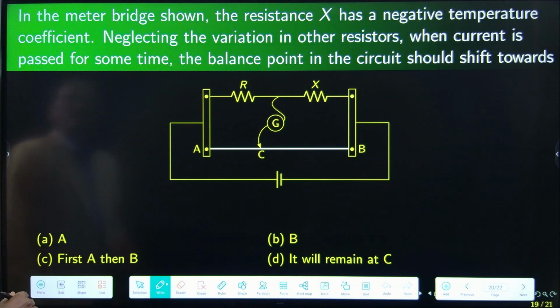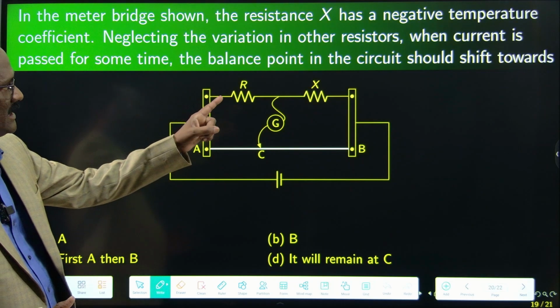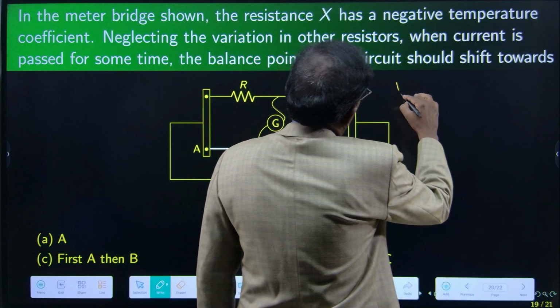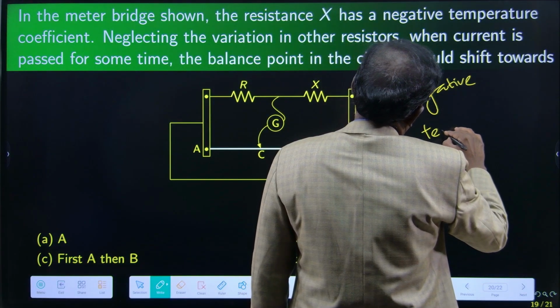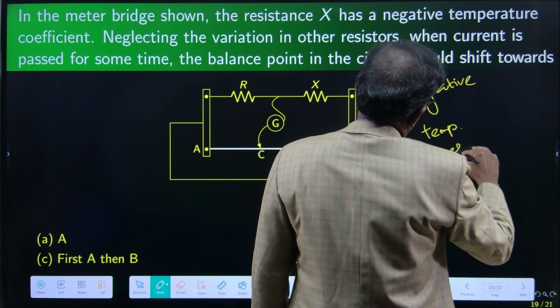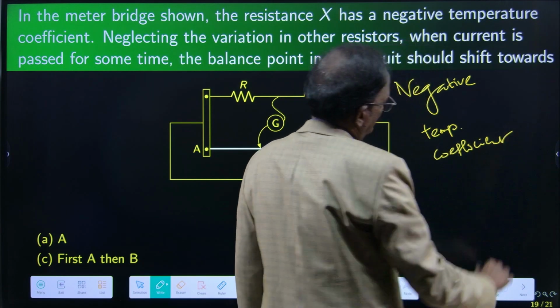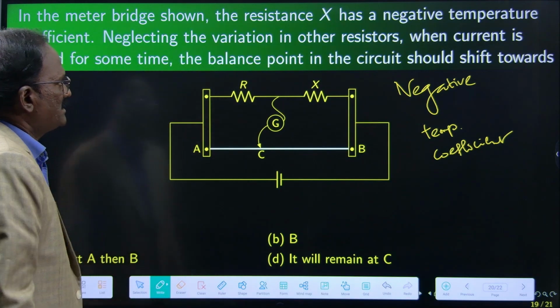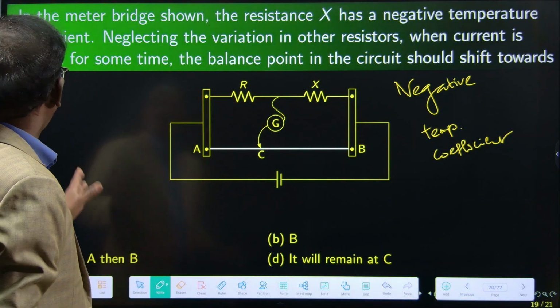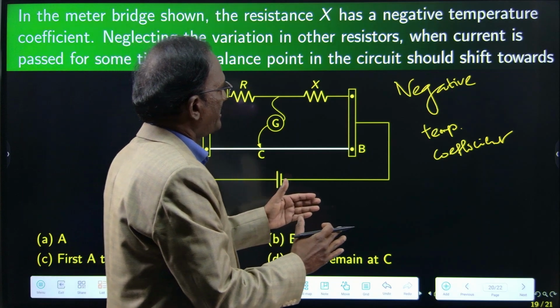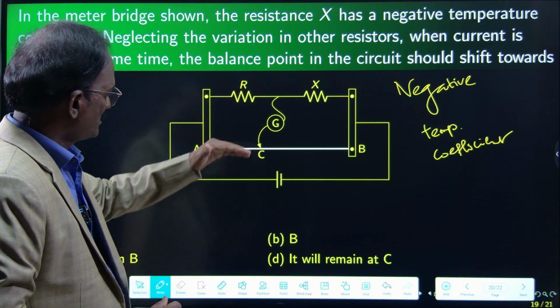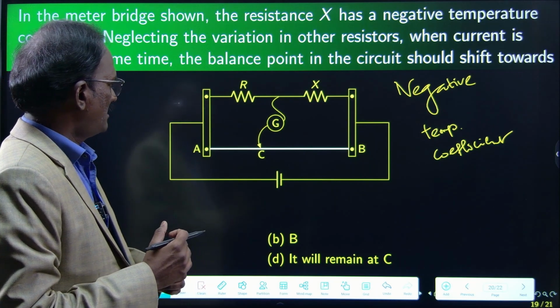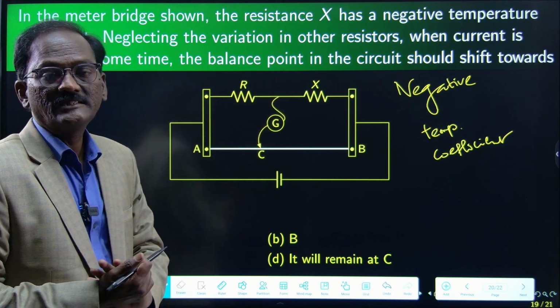Next problem. In the meter bridge shown, the resistance X has negative temperature coefficient. Neglecting the variation in other resistors, when current is passed for some time, the balance point in the circuit should shift this side or that side. After some time, the resistance X is heated.